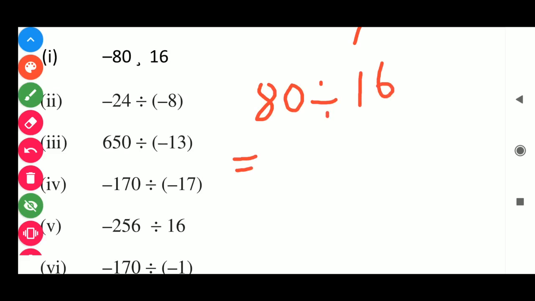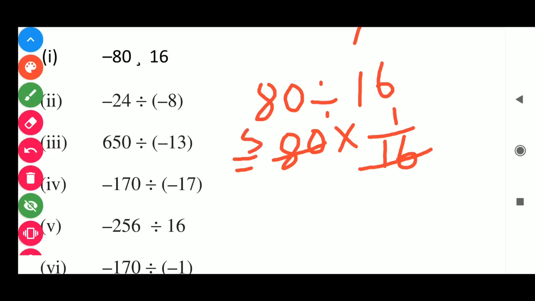So how can we solve it? First of all, 80 into 1 upon 16. 16 fives are 80, so we get 5. That is the answer to the first question.